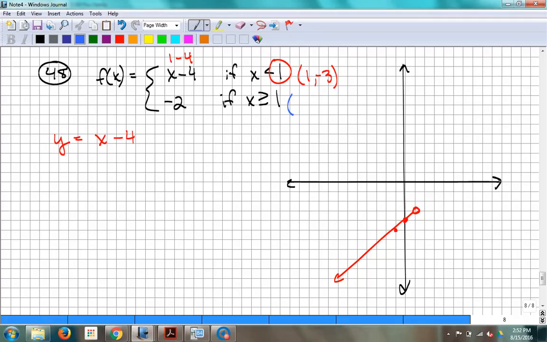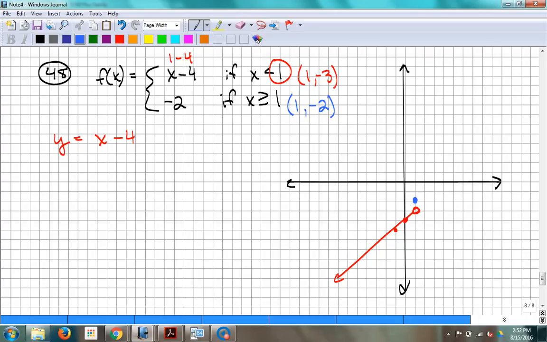Then this part, it's y equals -2 for x's that are greater than or equal to 1. So at 1, these are a little bit confusing because there's nowhere to plug that 1 into. So -2 has to be the answer for it. So the point 1, -2 is a filled in dot because it's equal to, right? So that's why we fill that one in.